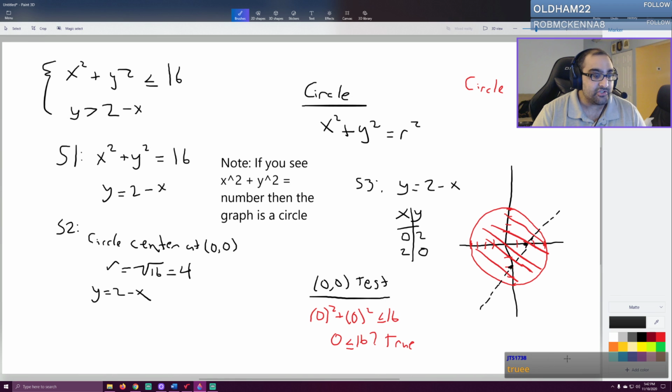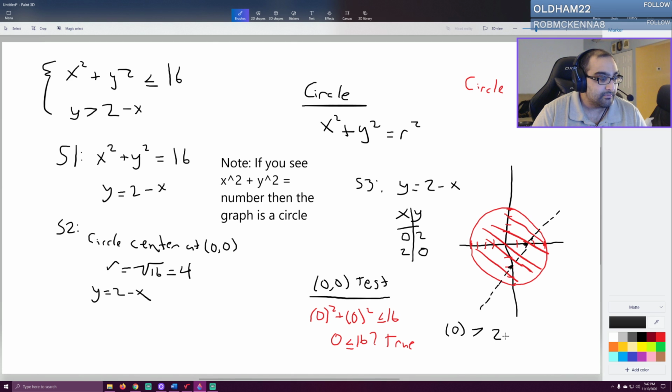All right. Let's do the other half, which is going to be y is bigger than 2 minus x. Put 0 bigger than 2 minus 0. So 0 bigger than 2.